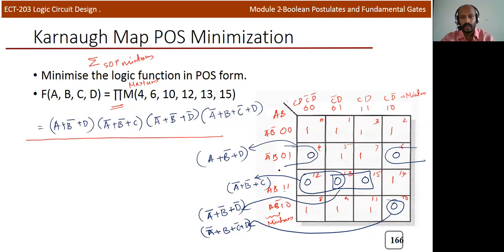Another thing, if you look at this particular function, when you group 0s, we are actually getting f bar. So instead of writing the POS form directly with max terms, you can use min terms also.